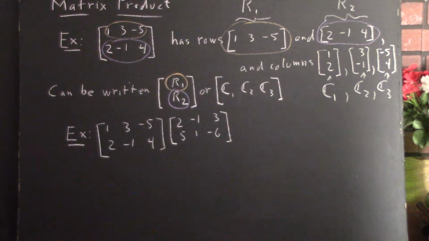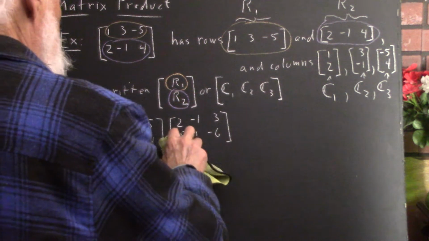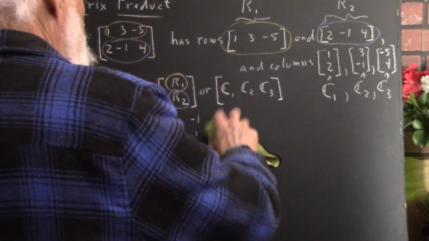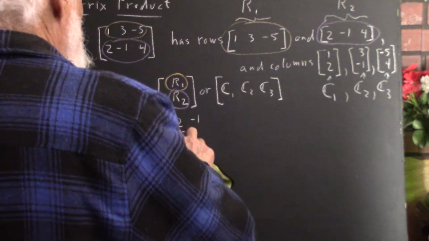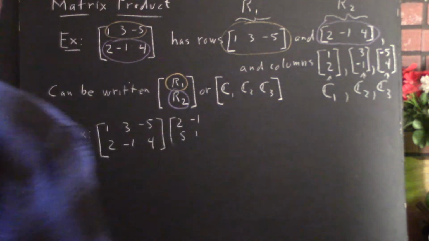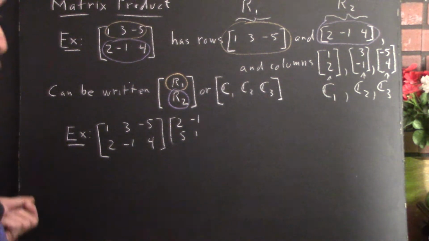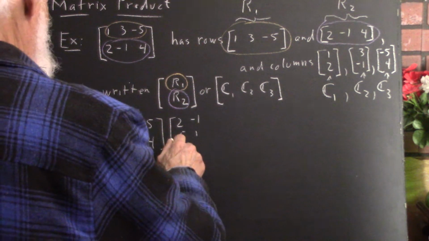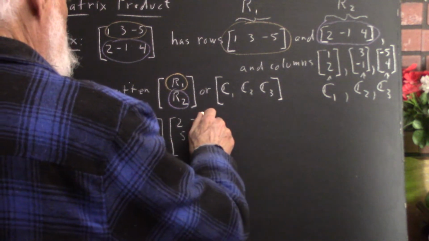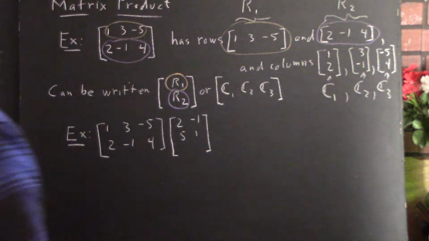So that's not defined. So I'm going to change that a little bit. Okay, what can I do about this? All I've demonstrated so far is that if your rows and columns don't match up, you can't do the multiplication.